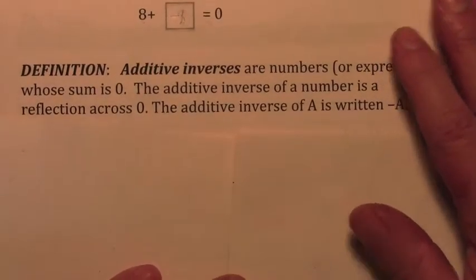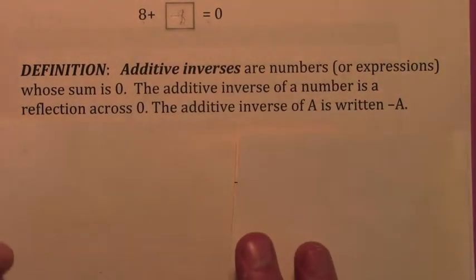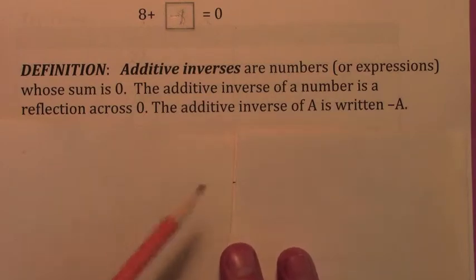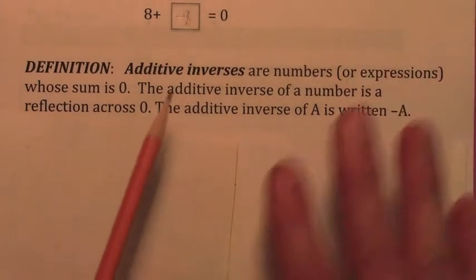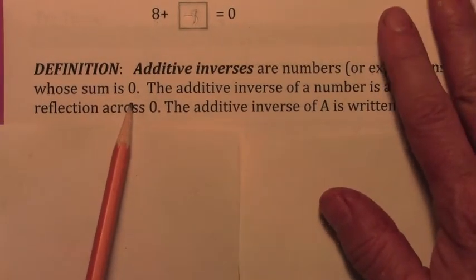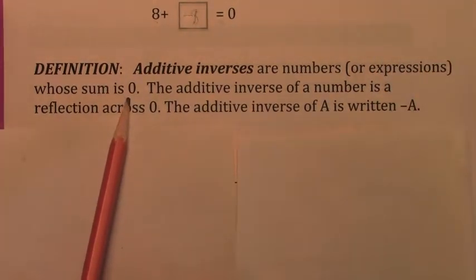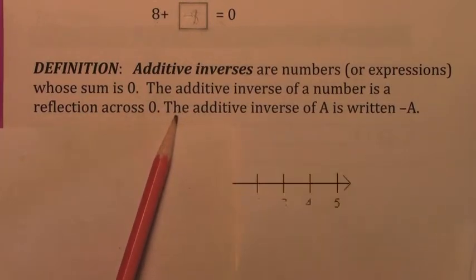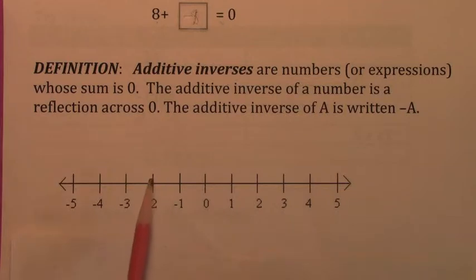Actually, the definition is: two numbers are additive inverses of each other if their sum is 0. So 8 and negative 8 are additive inverses of each other because their sum is 0. That's the definition. Now, it really is the same concept as opposites, because when you have 3, the opposite of 3 was negative 3, and guess what happens if you add 3 plus negative 3?